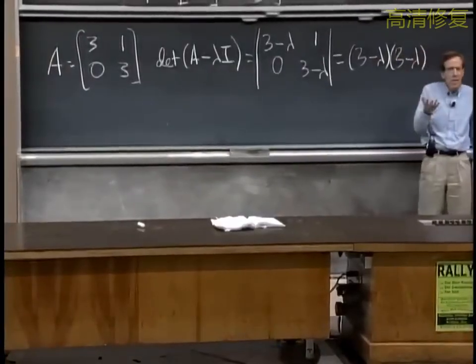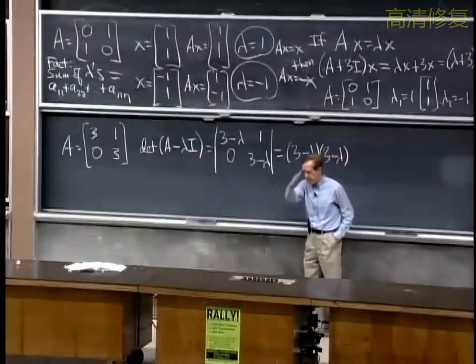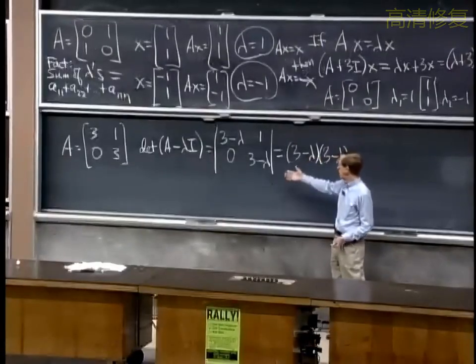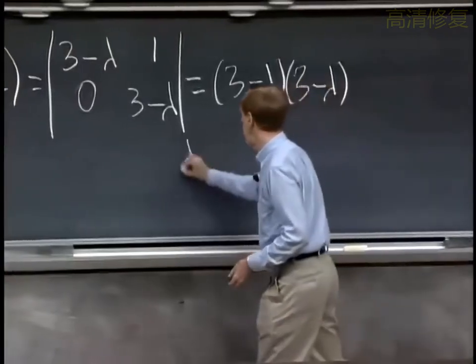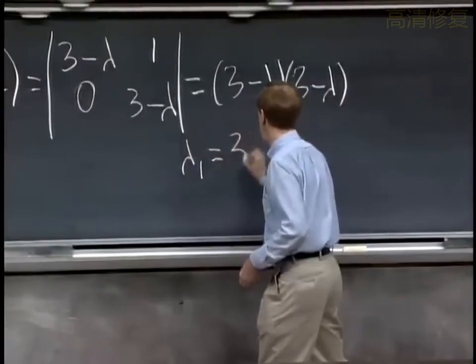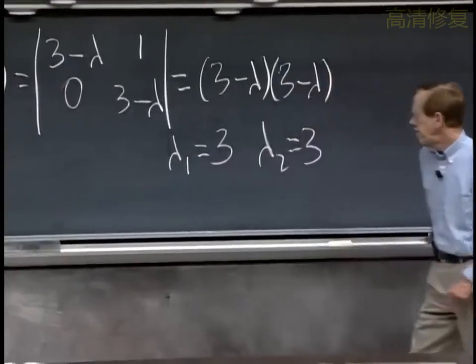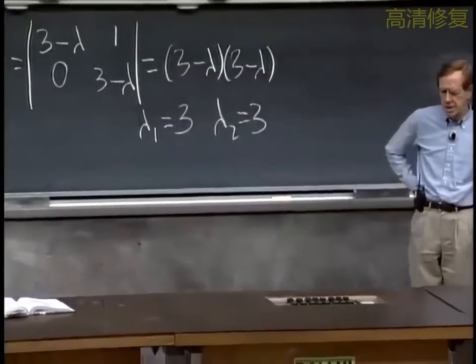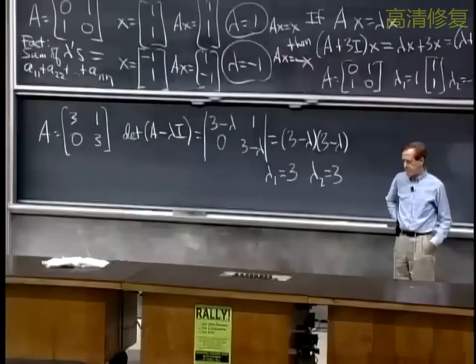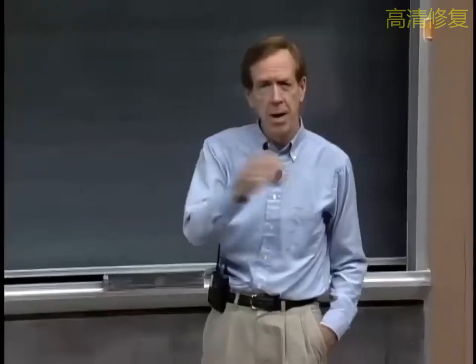The one thing we know about triangular matrices is the determinant is just the product down the diagonal. And in this case, it's this thing repeated. So lambda 1 is 3, and lambda 2 is 3. That was easy. Why should I be pessimistic about a matrix whose eigenvalues can be read off right away?